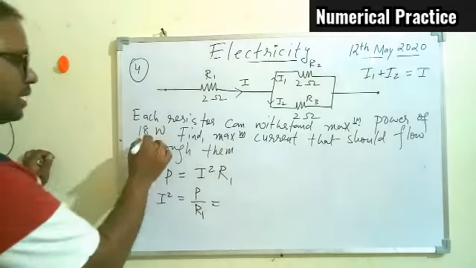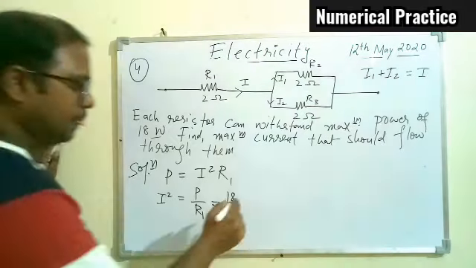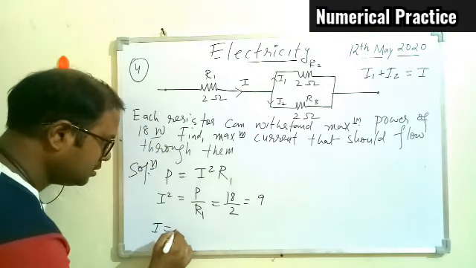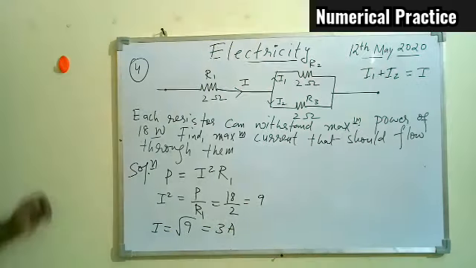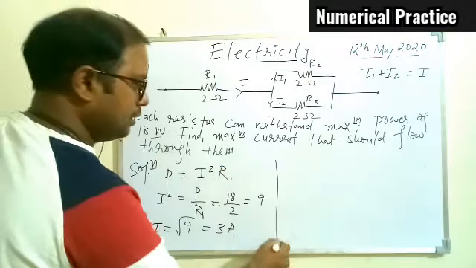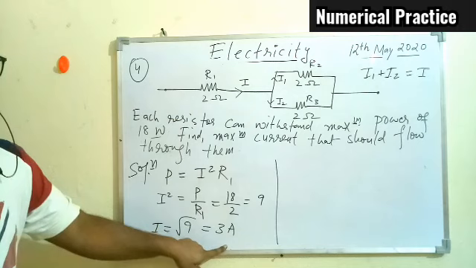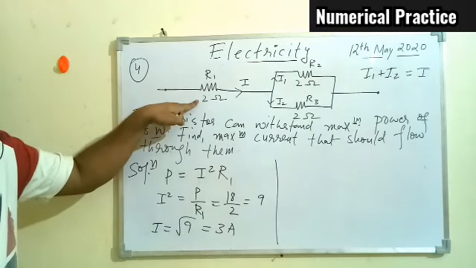Power is maximum 18 and resistor R1 is 2, so 18 by 2 is 9. So I is under root 9, that is 3 ampere. So the maximum current that should flow through R1 is 3 ampere. If the current exceeds 3 ampere, this resistor R1 will get damaged.